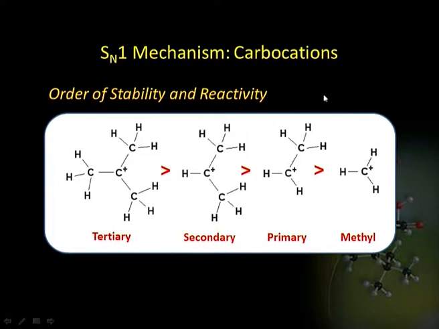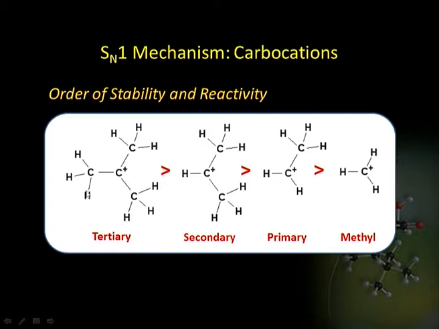As far as the order of stability goes, the tertiary carbocations are more stable as compared to the secondary ones, which are more stable than primary, and finally, the methyl carbocations are the least stable, and in fact, the reactivities of carbocations match their stability also.